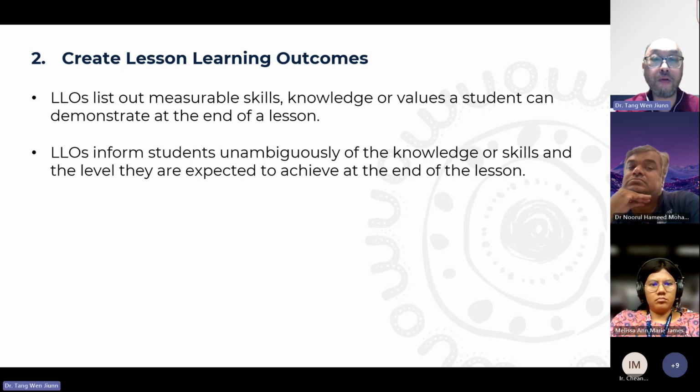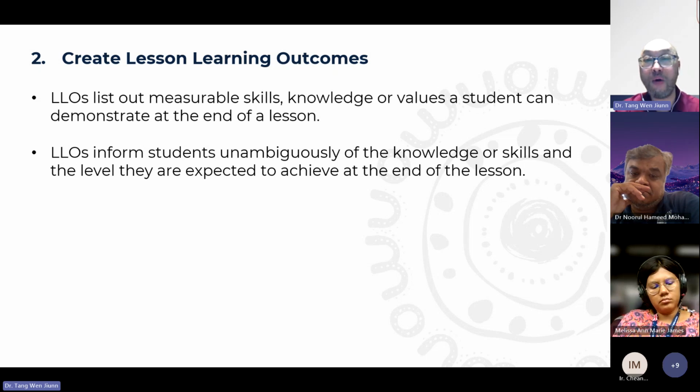The LLOs are also to inform the students of the knowledge and skills they're expected to achieve at the end of the lesson. It will be great if you can incorporate this LLO in each topic of your lesson.